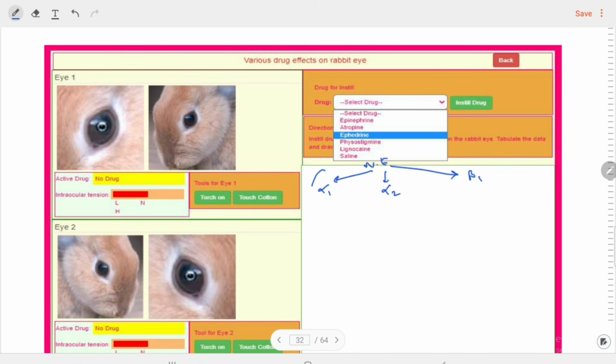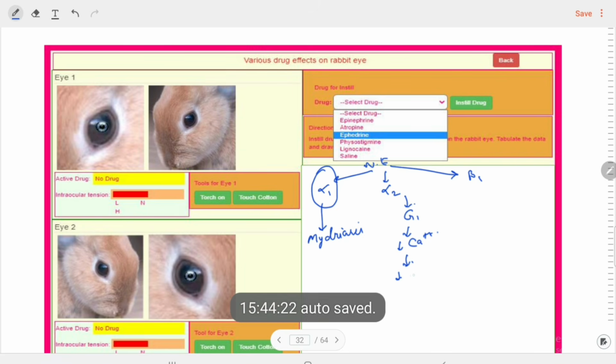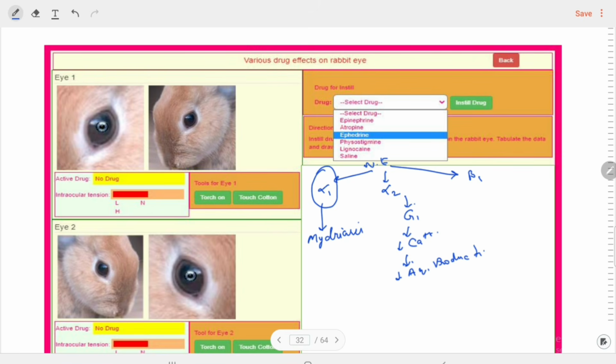The alpha 1 receptor causes mydriasis through the radial muscles that are present in the iris. And activation of the alpha 2 receptors will cause activation of the Gi subunit, which will cause a decrease in calcium ions, leading to a decrease in aqueous humor production, and thus decreased intraocular pressure.